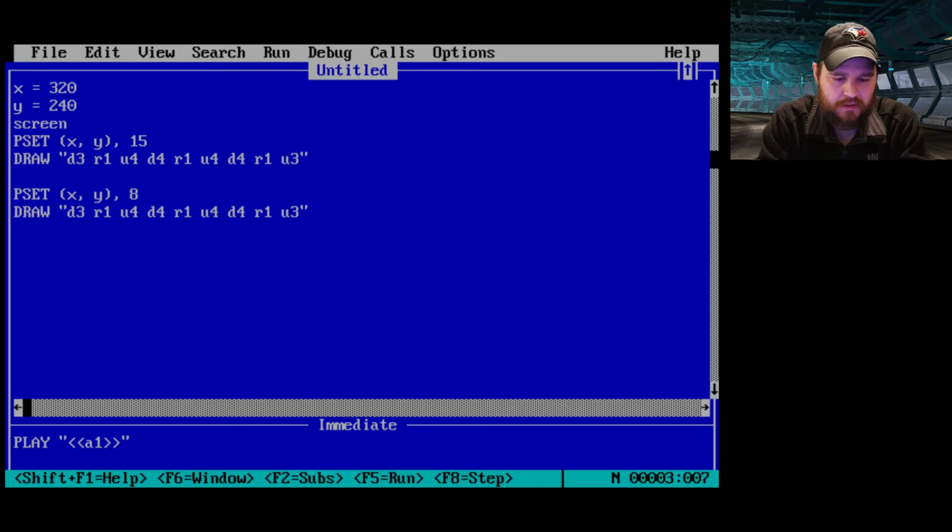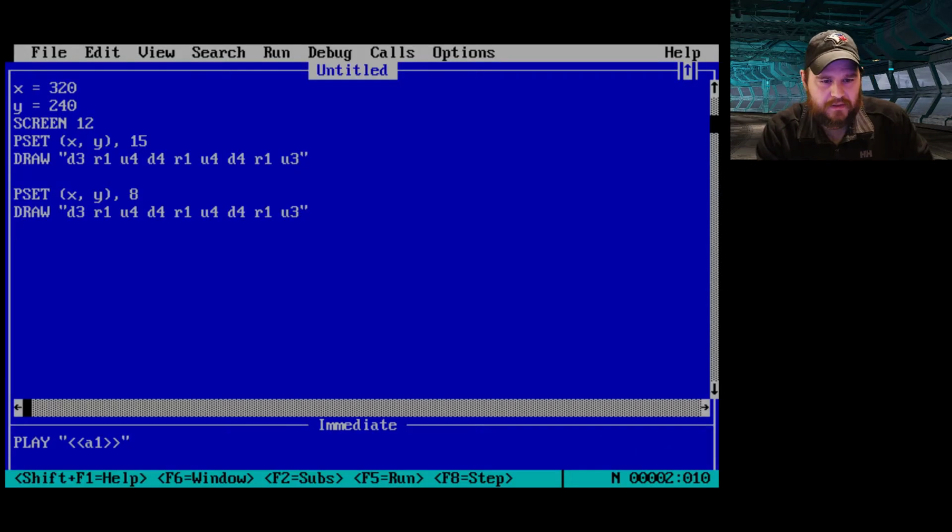We're going to go into screen 12, and we're going to see this in all its gloriousness. It is a tombstone. That draws the tombstone. So he goes down 3, right 1, up 4, down 4, right 1, up 4, down 4, right 1, up 3. He's drawing it like you would draw a W.